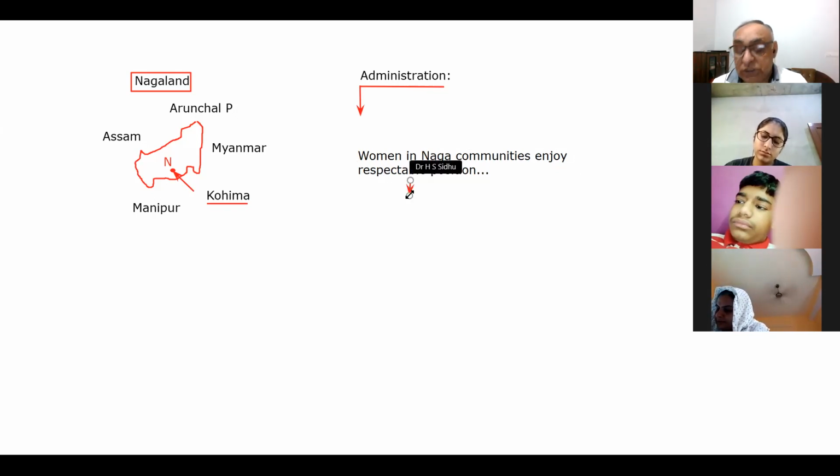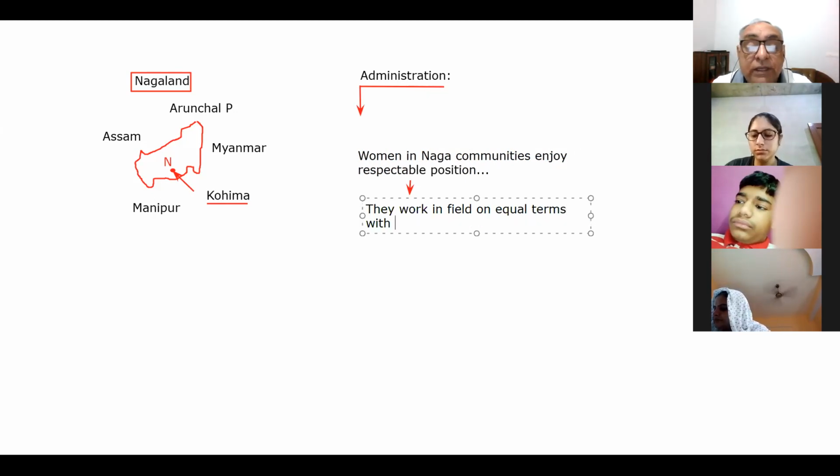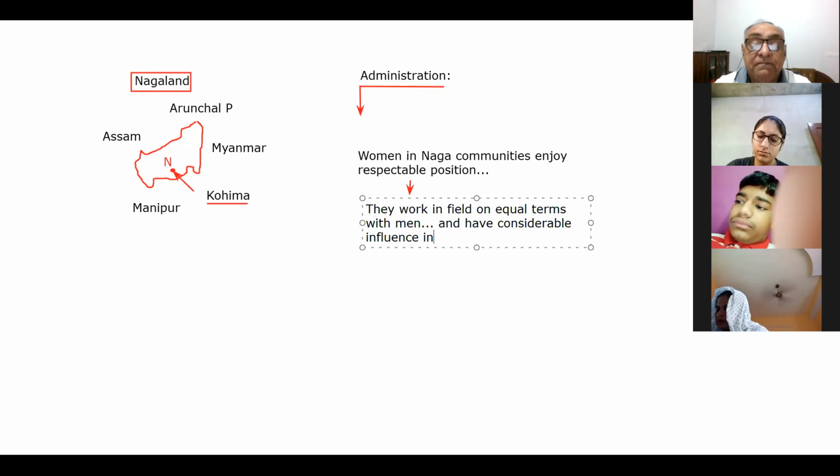They work in fields on equal terms with men and have a considerable influence in tribal councils also.